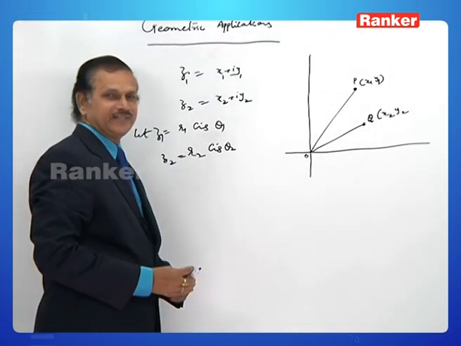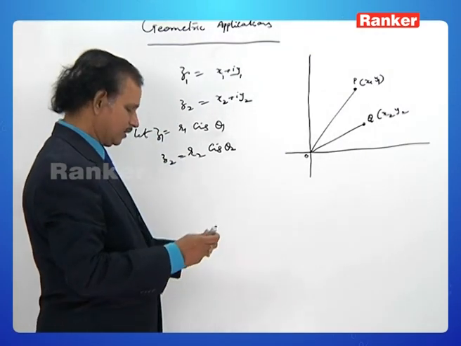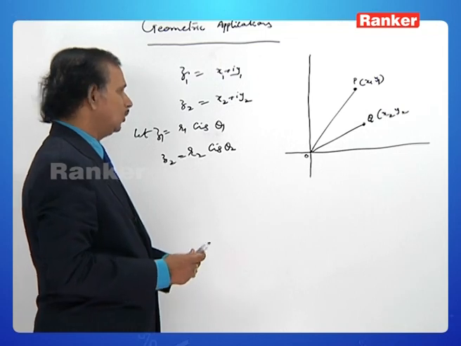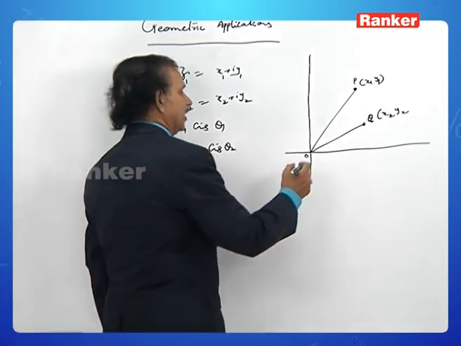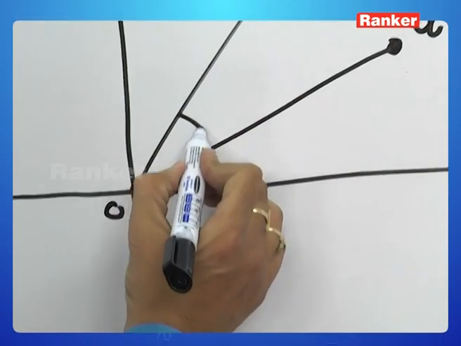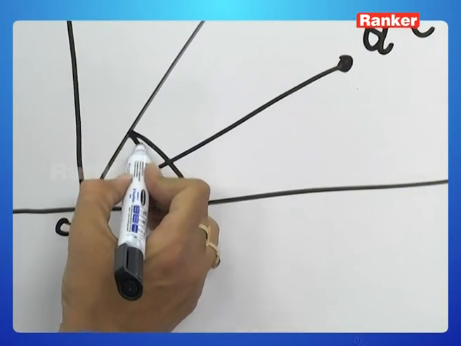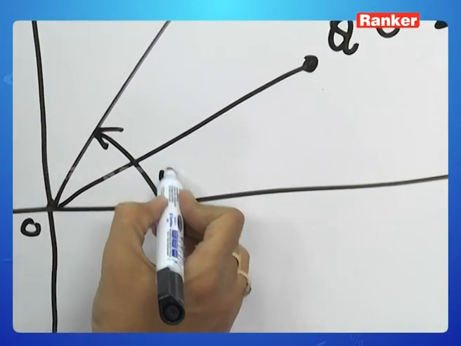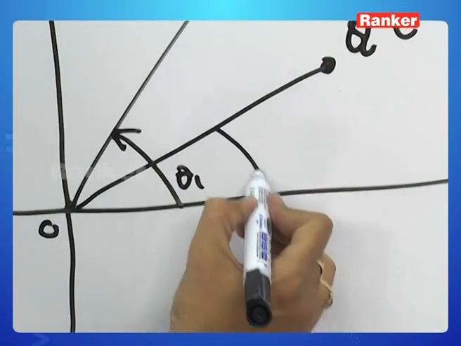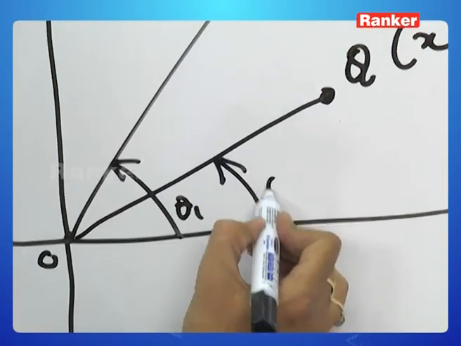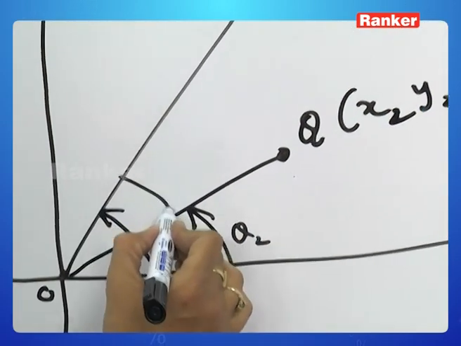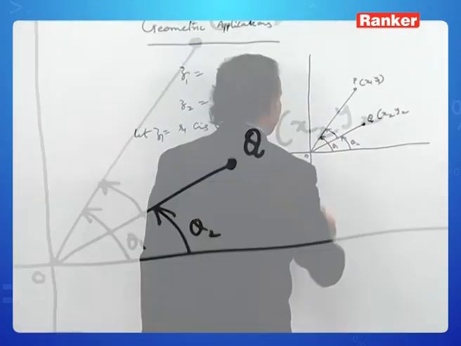What do you say about theta 1, amplitude of z1? What do you say about theta 2, amplitude of z2? Now this angle is theta 1, this angle is theta 2. What do you say about this angle?